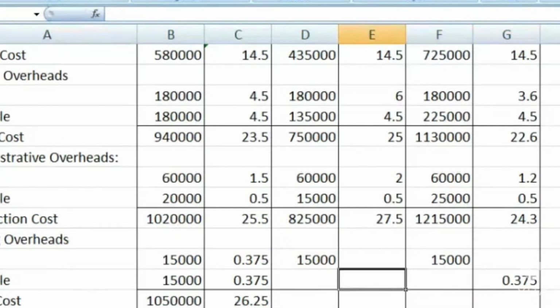Let's do 15,000 divided by 30,000. 0.5, I think. And here 15,000 divided by 50,000. 0.3.